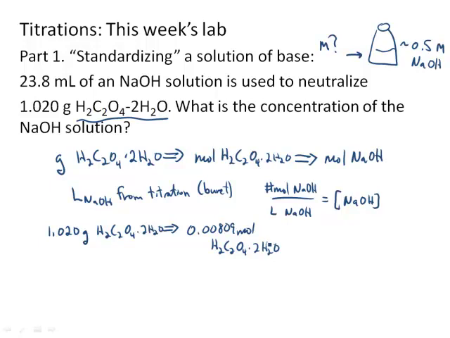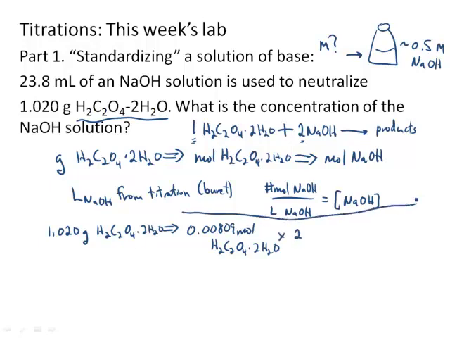Then, the reaction that occurs is one oxalic acid reacts with two NaOHs to make products. And what's interesting about a titration is you often don't even care what the products are. You just need the ratio of the reactants. So it's 2 to 1. So you multiply this by 2 moles of NaOH over 1 mole of your oxalic acid.